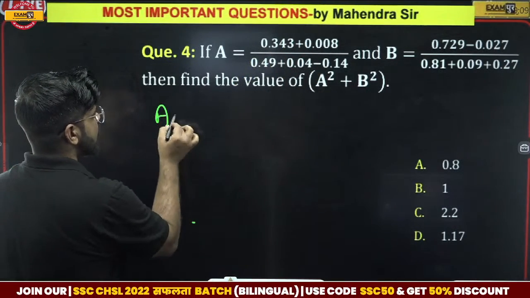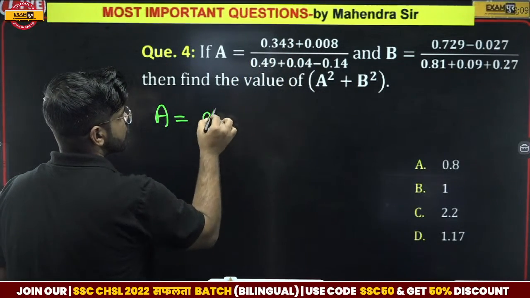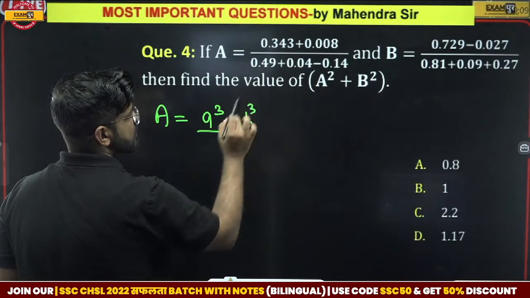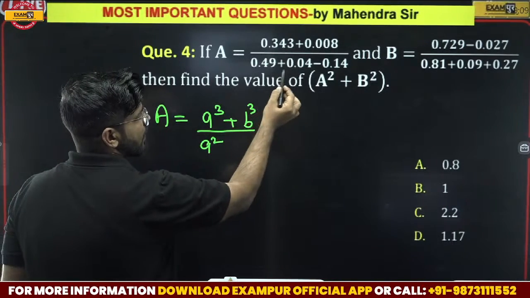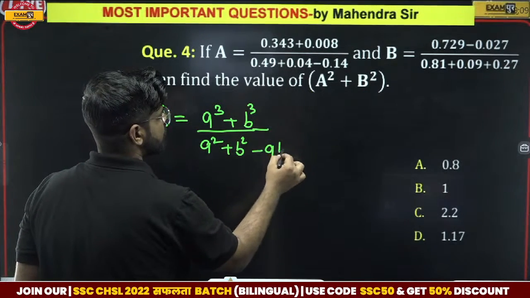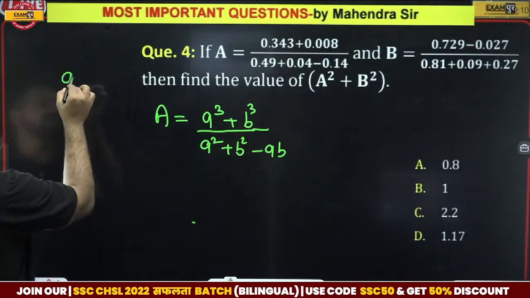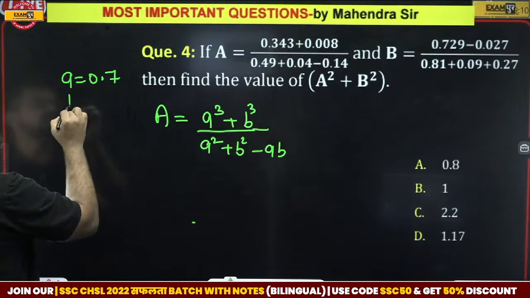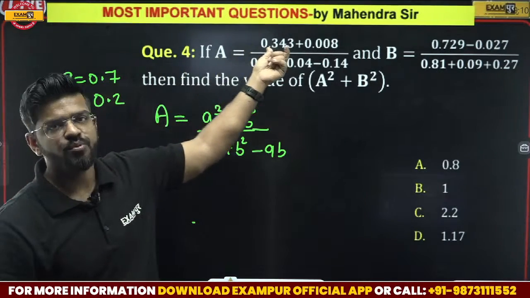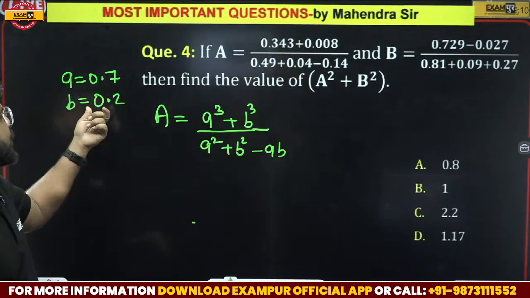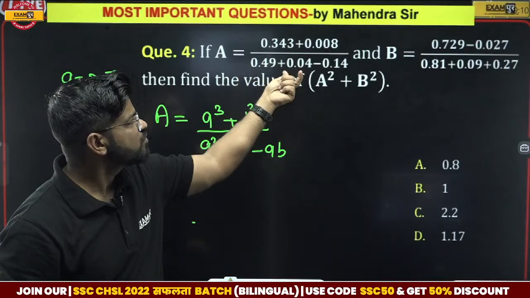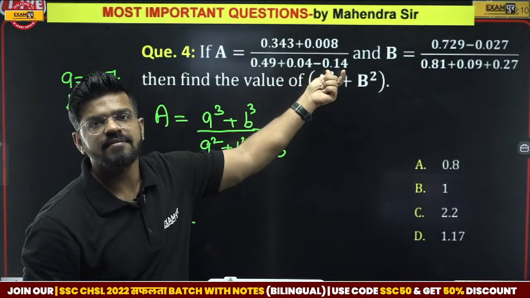So we have a cube plus b cube, and in the divisor we have a square plus b square minus ab, where a is 0.7 and b is 0.2. So 0.7 cube is 0.343 and 0.2 cube is 0.008. Here 0.7 square, 0.2 square minus 0.7 into 0.2.